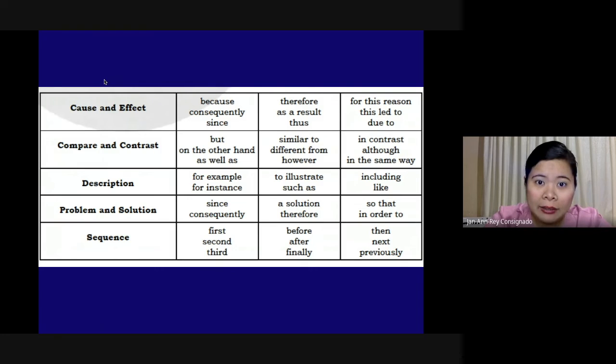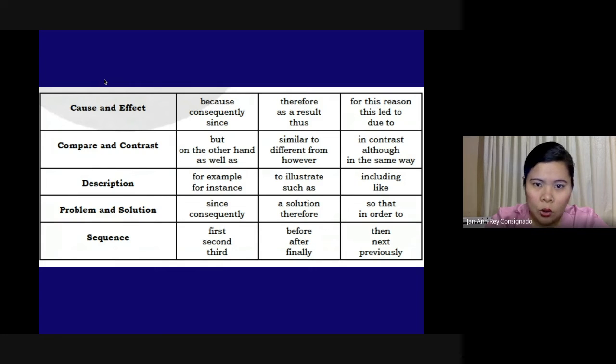For cause and effect, we have here: because, consequently, since, therefore, as a result, thus, for this reason, this led to, and due to. Cause and effect. How about compare and contrast?